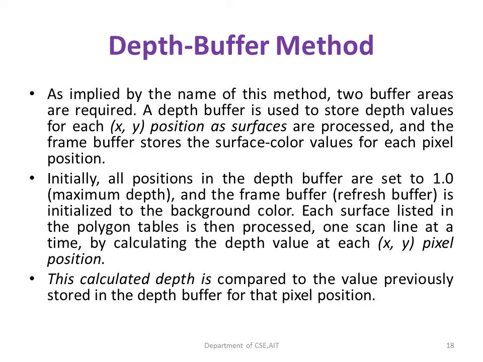I take one scan line at a time and compute the depth value. The calculated depth is compared to the value previously stored in the depth buffer and copied, and the color is also updated depending upon which pixel I have selected.